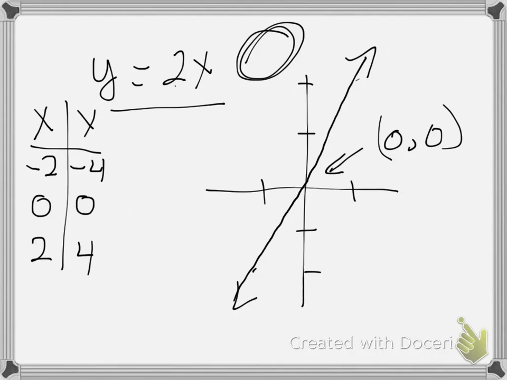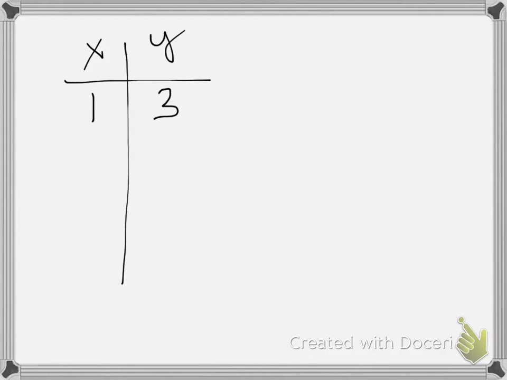It's y equals 2x. Now here, if we wanted to determine if a set of data was direct variation, and let's say we had 1, 3, 2, 6, and 3, 9. Remember that y was equal to k times x.